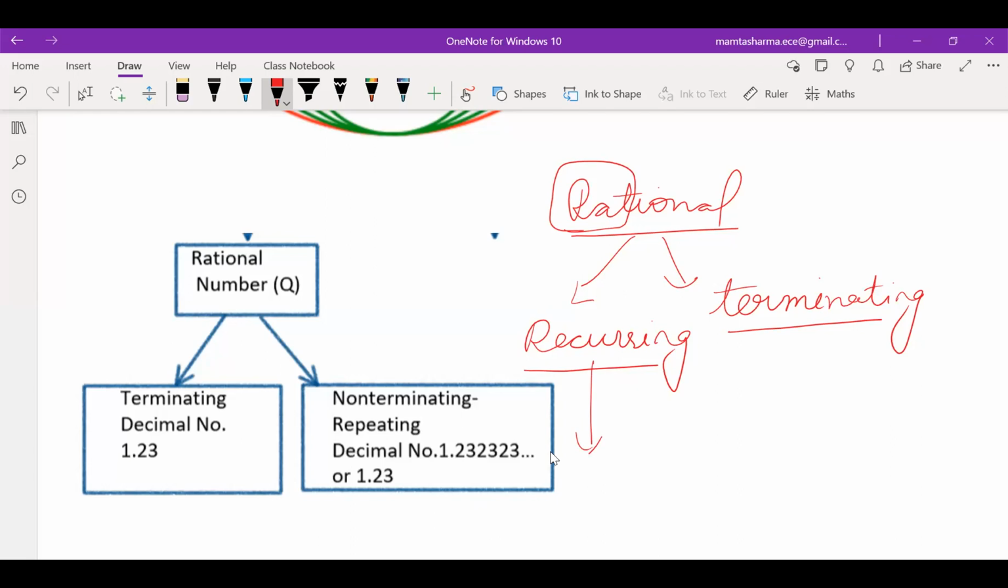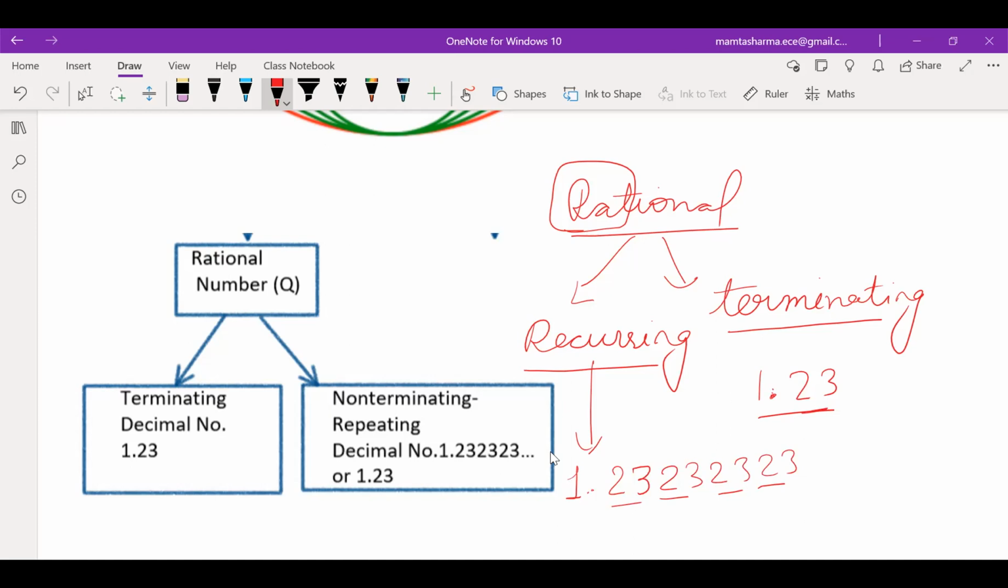If I write any number like 2.3, it is terminating, because it terminates after 1 decimal place. If any number is 2.3232323, this 23 set is repeating, meaning recurring, it is not ending, it's not terminating.